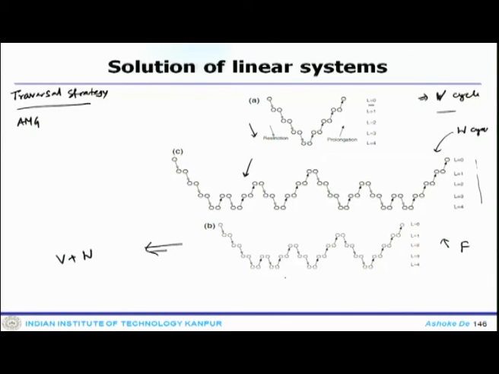So, it is split into 2 different segments, some split as per the V cycle, some as per the W cycle. For a very steep system, the V cycle cannot get you good convergence with a small number of iterations, so there you prefer a W cycle, and the F cycle or full multigrid is the combination of both.